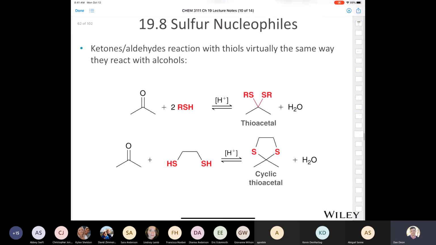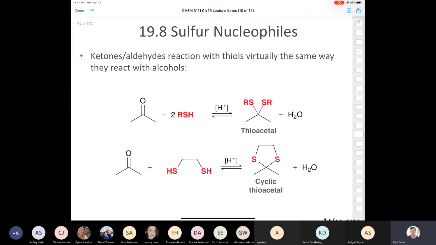Well, let's keep going and talk about sulfur nucleophiles. Good news here. There won't be any new mechanisms in the sulfur nucleophiles. In fact, it's only a couple of slides. You guys remember acetal formation, right? We spend a lot of time talking about it. I can even add it up here on the slide if it helps.